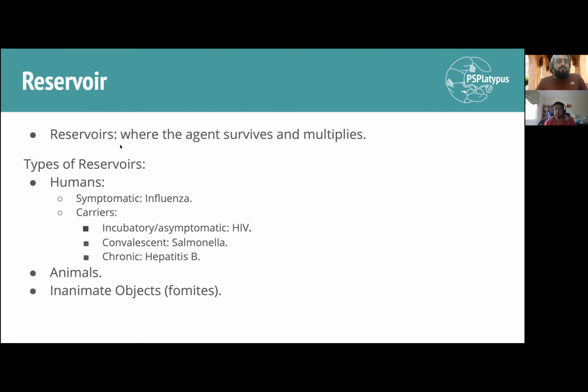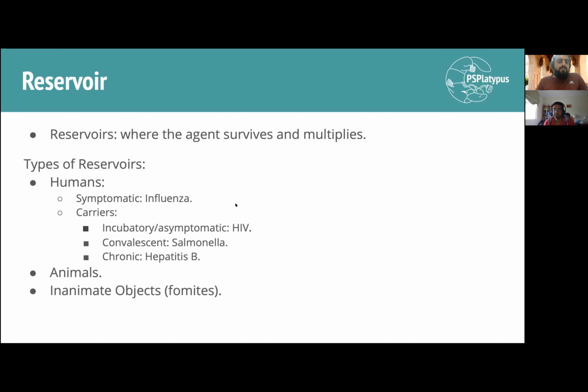The reservoir is where the agent survives or multiplies, where this microorganism lives. And we have three types of them. We have humans, animals, and inanimate objects like water or tools that we use every day.